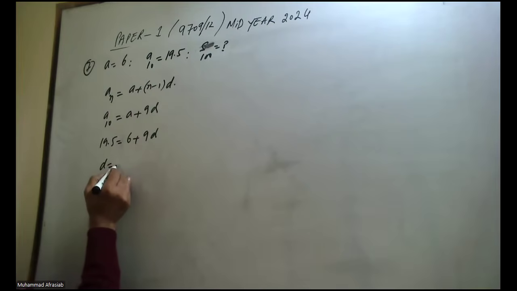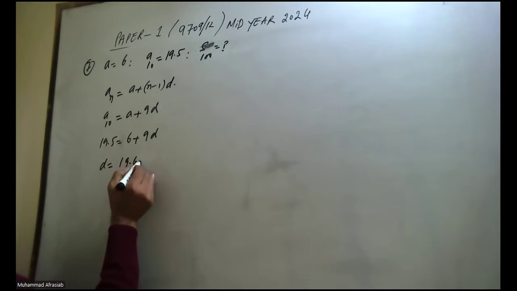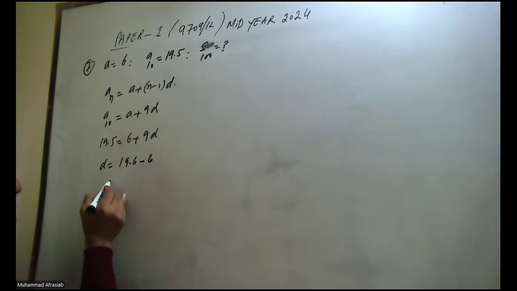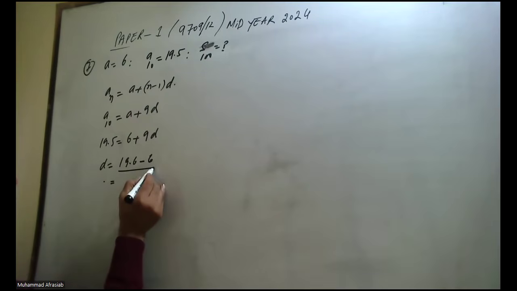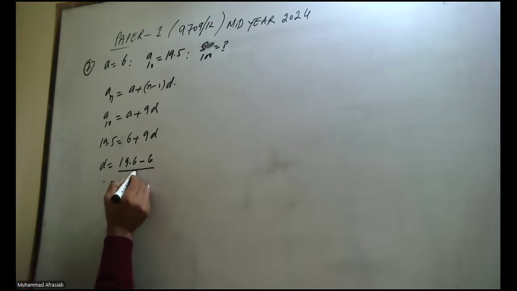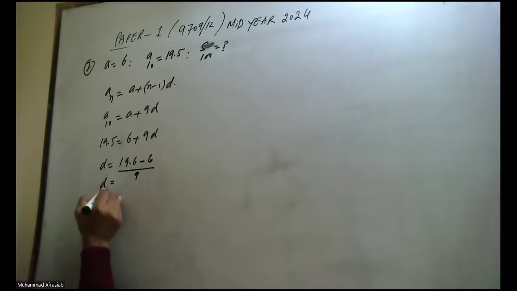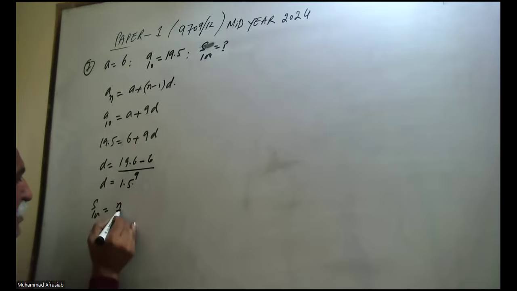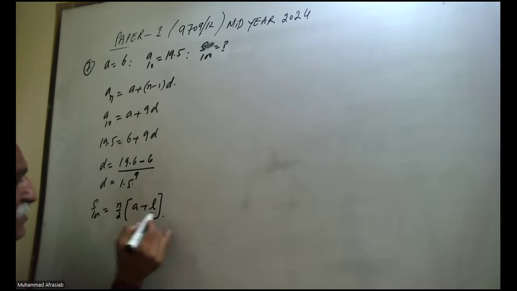So d should be equal to 19.5 minus 6 over 9. So d is equal to 1.5. Then the sum of the first 100 terms is equal to n over 2 into a plus l.